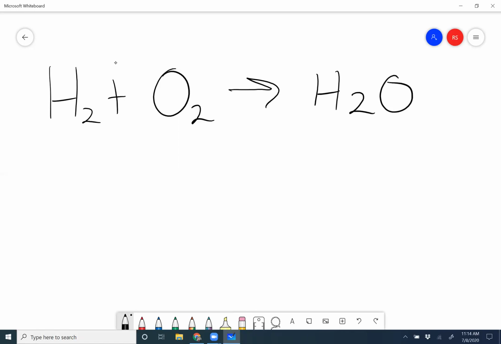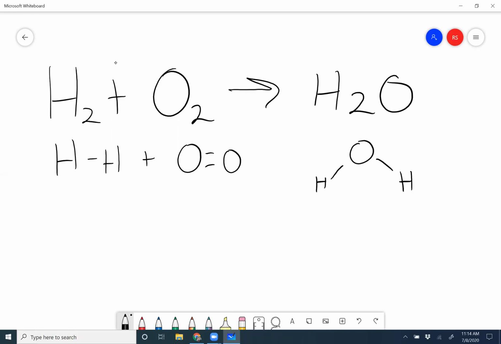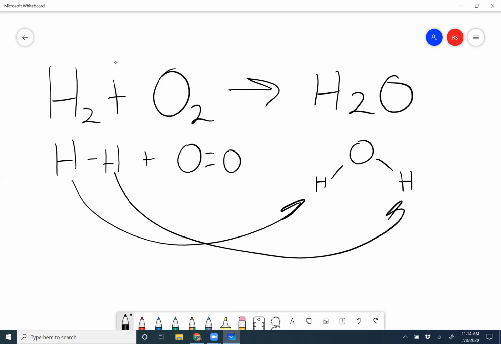And the problem we have with this is that there appears to be a hydrogen here and a hydrogen here, and it's going to react with this oxygen. But when we go over here, well, there's the hydrogens, and there's the oxygen.